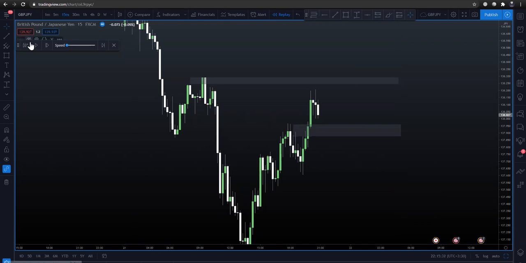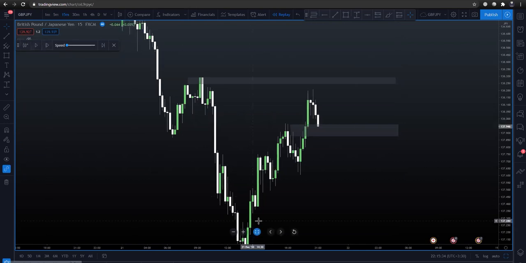Let me go to another candle, maybe it will be better. Okay, now the price is back to the base area, to the flip area, and it will be the FTB to the demand zone. So now what are we going to do?